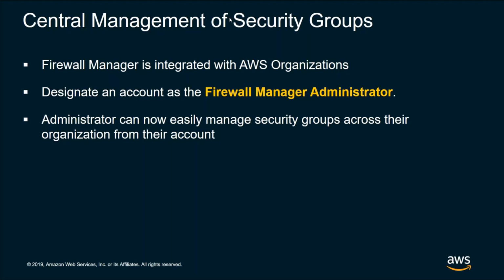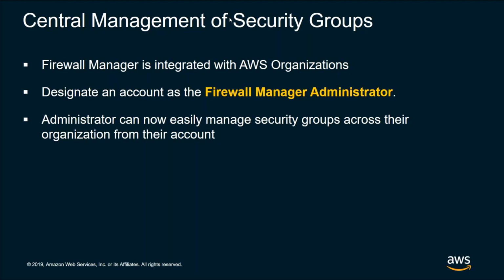Simply enable AWS Organizations' full features and designate an account as Firewall Manager administrator, and Firewall Manager takes care of the rest in terms of the permissions. So that in itself gives you central management of security groups, and of course, central management of WAF and Shield as well.